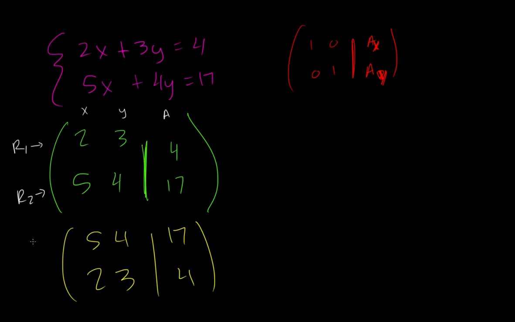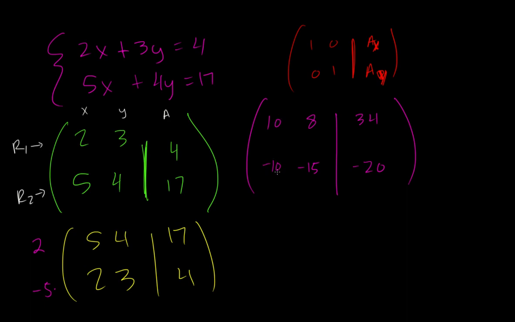So I'm going to multiply this by 2 and this by -5. Now the reason why I'm doing this, so just go 10, 8, 34, and then multiply this by -5, so -10, -15, -20.